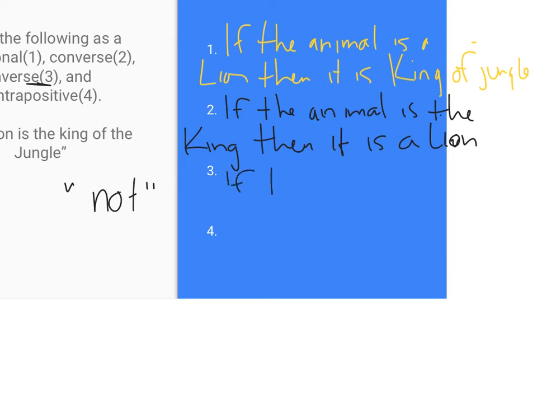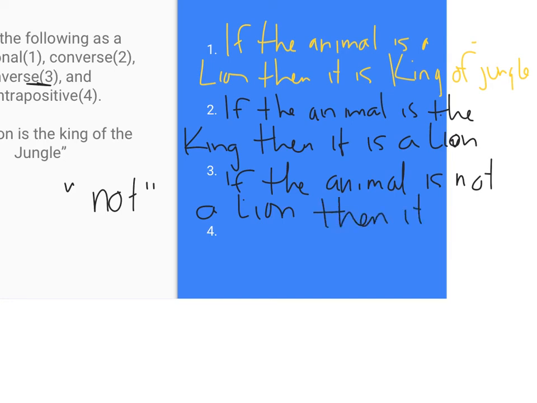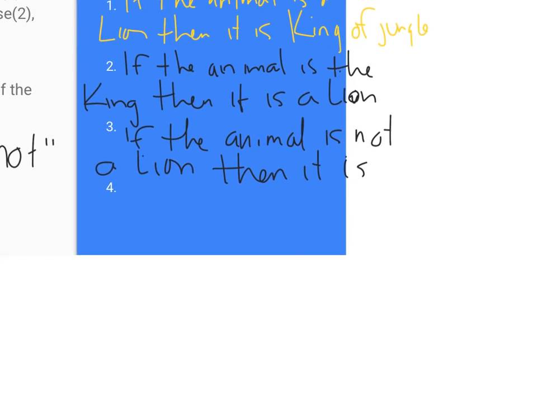Say if the animal is not a lion. Remember, I go back to the original statement. If the animal is not a lion, then it is not king of the jungle.